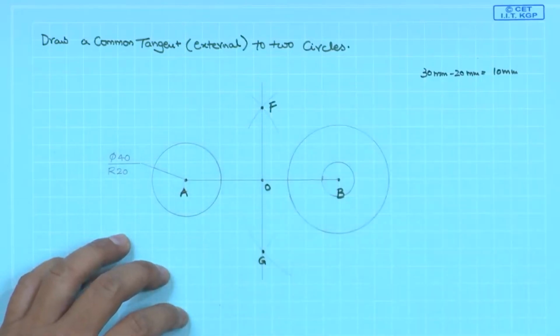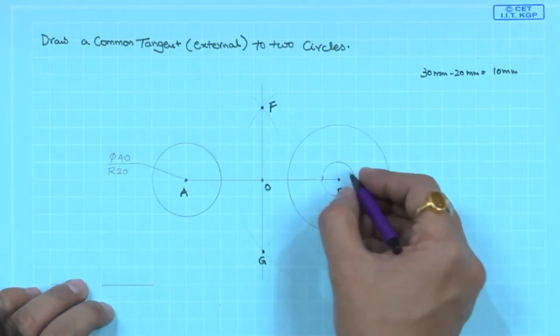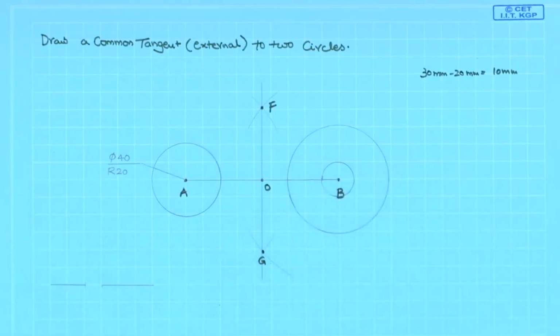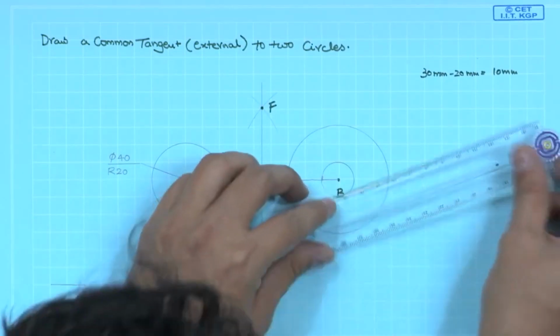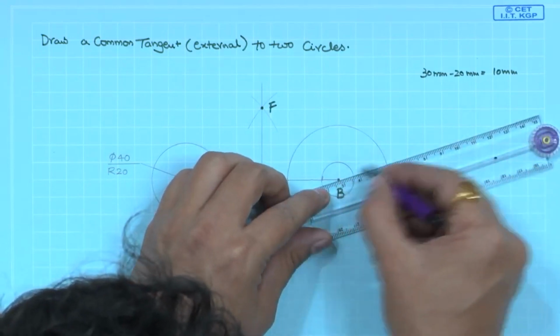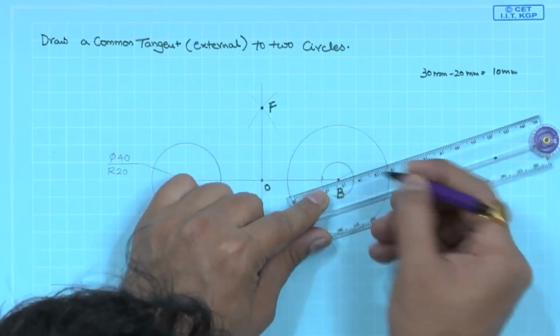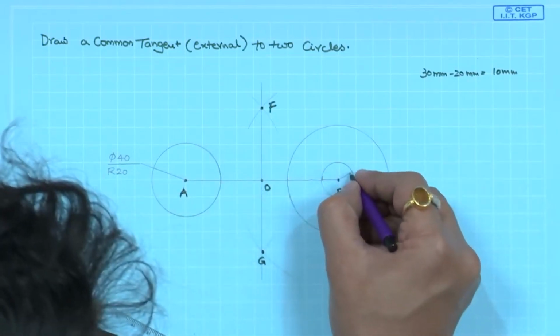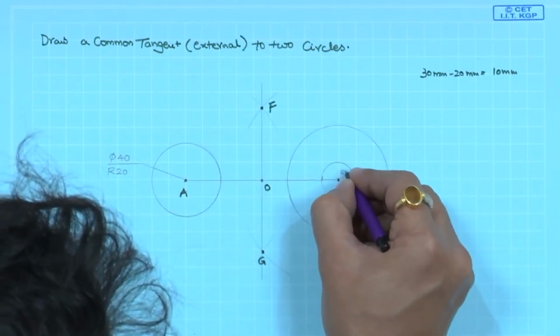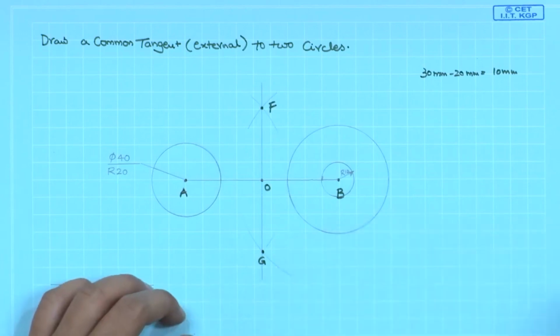Draw a circle. The smaller one has a radius of 10 units. The standard convention is we show it outside, but just for clarity I am representing this as R 10. Usually we show it on the outside, just to indicate clarity we are showing it here itself.